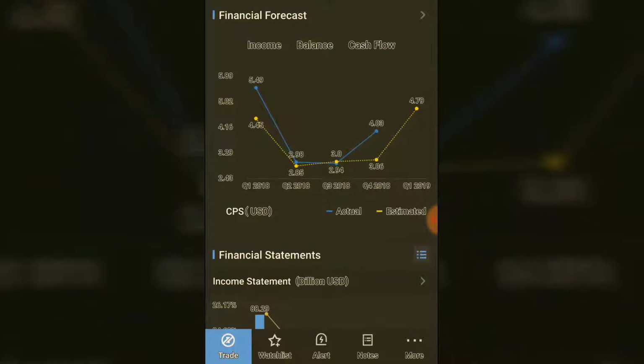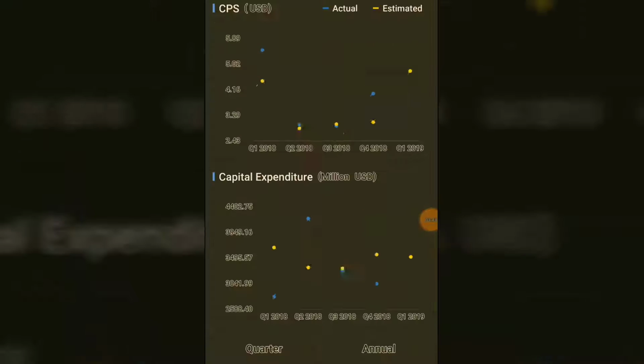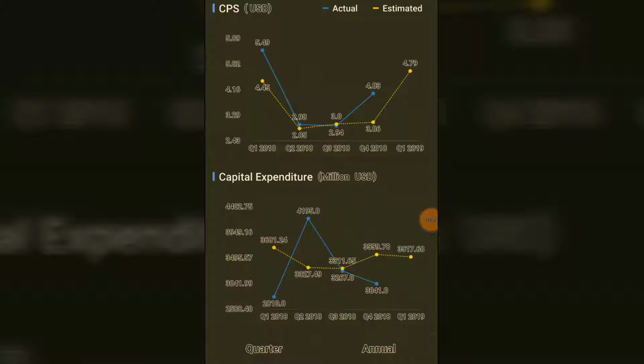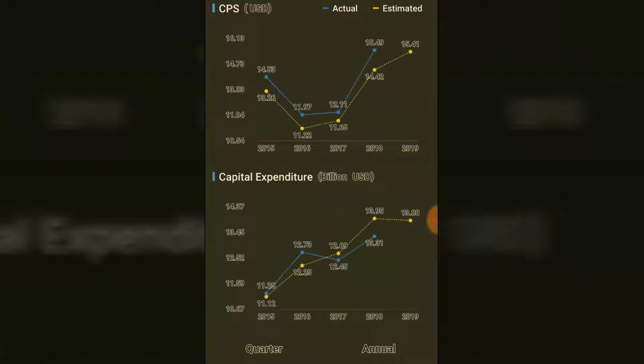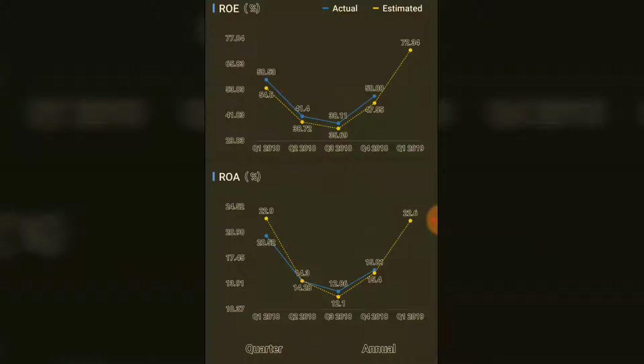So everything's been slowing down. Let's look at it yearly. It's been growing a little from the past years. It has a lot more capital, so that's a good sign.